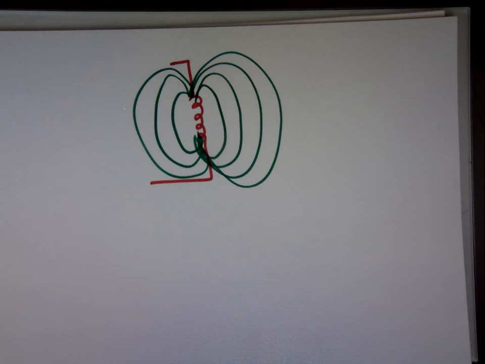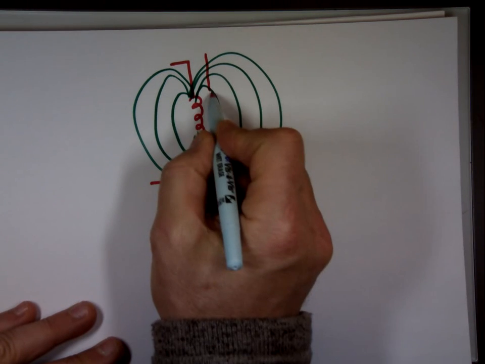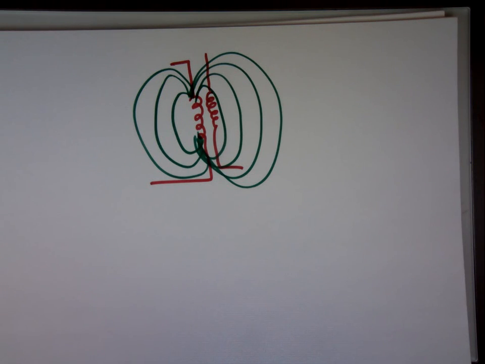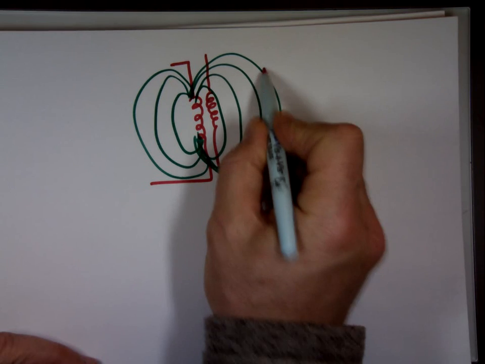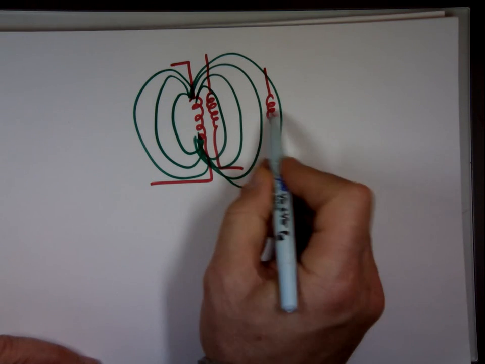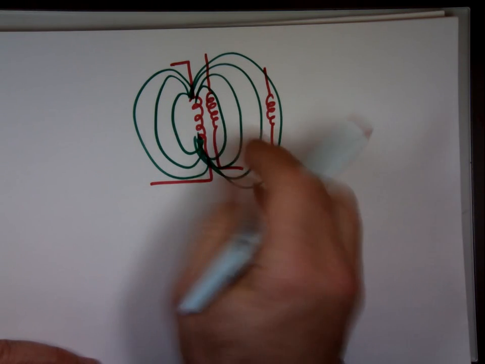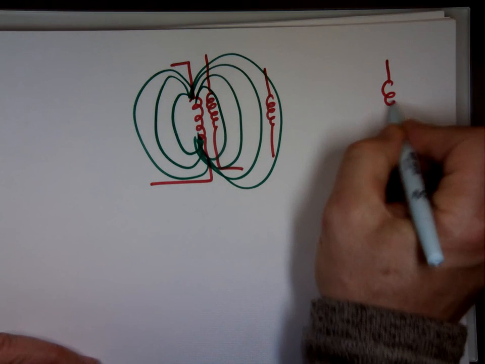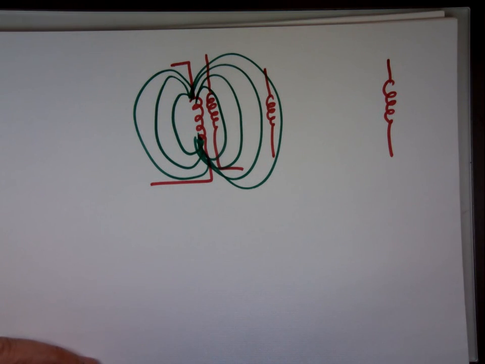So if the other inductor is close to that, like right there, notice all these fields going through it, the value of M is going to be large. But if the inductor is far enough, like right here, the value of the mutual inductance is going to be small. There are only a few of these fields going through it. If you go far enough, that value is going to be 0. You're not even close to that.